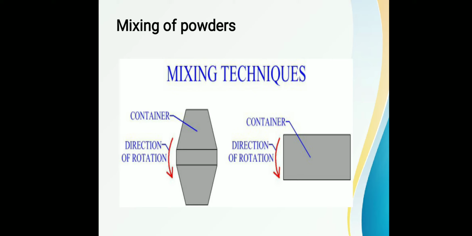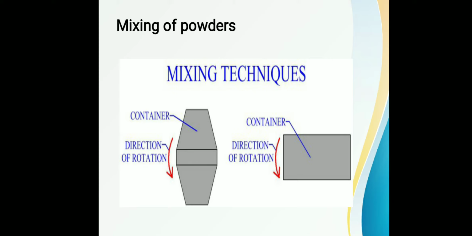Also the direction of rotation of that cone or container is shown. With these rotating containers, the powders are mixed with each other. Mixing refers to combining and homogeneously distributing particles of different materials.